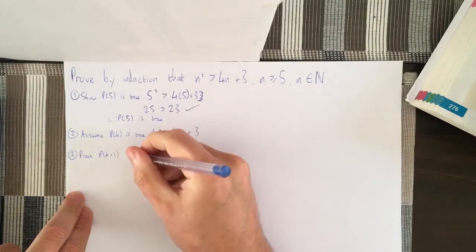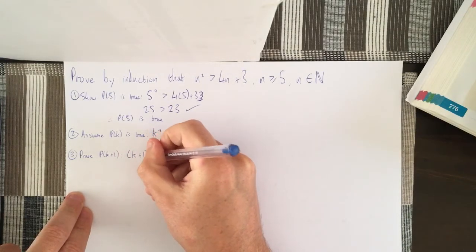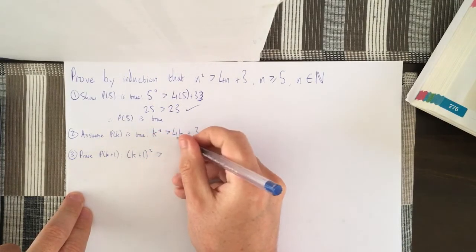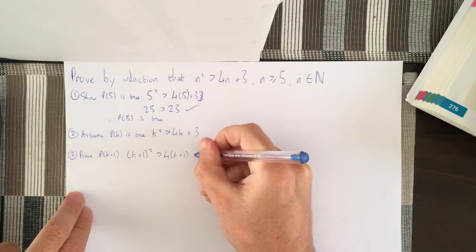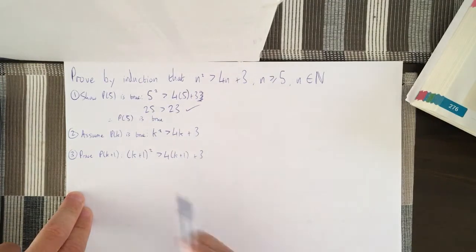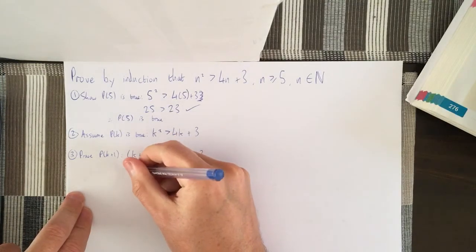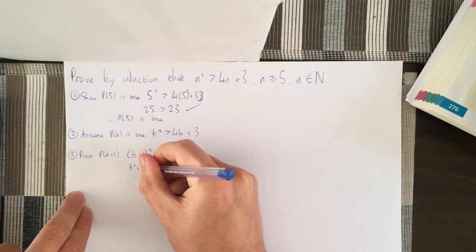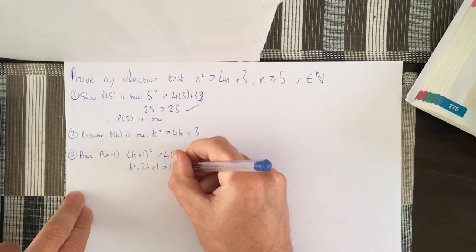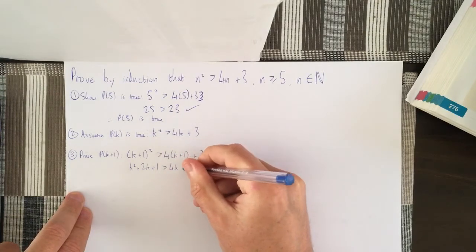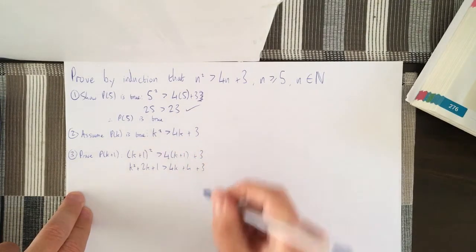So instead of k squared, I've got k plus 1 squared. Instead of 4 times k, I've got 4 times k plus 1 plus 3. Then k plus 1 squared, so k squared plus 2k plus 1 is greater than 4 times k, which is 4k, 4 times 1 is 4, plus 3 at the end.